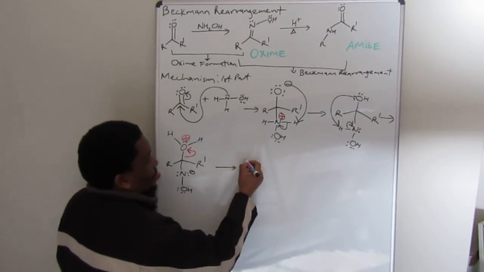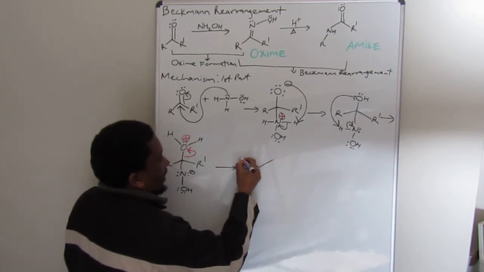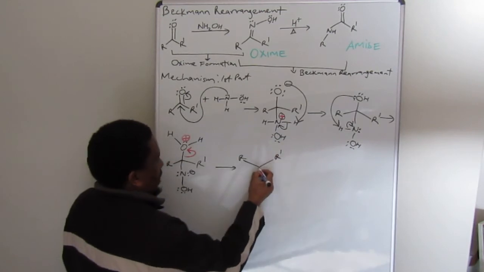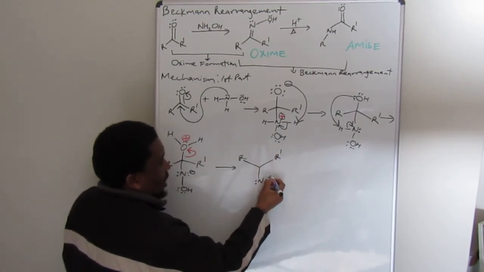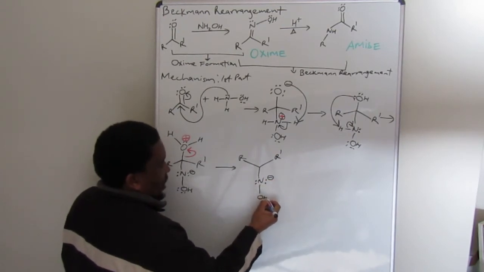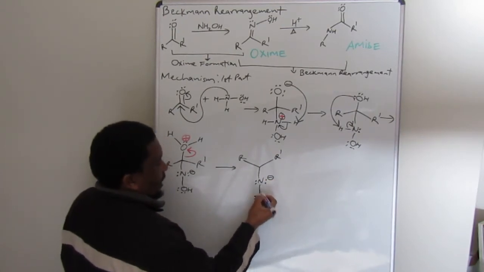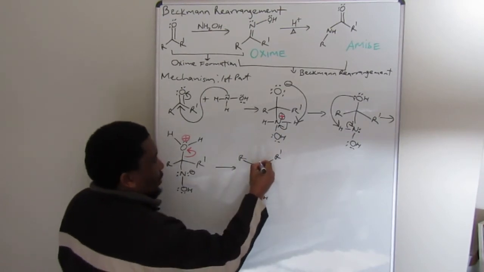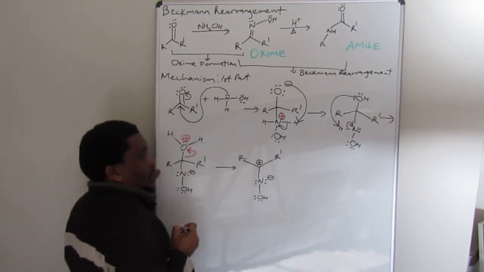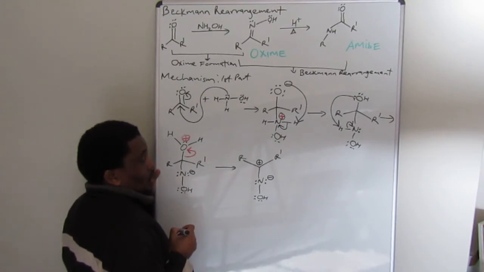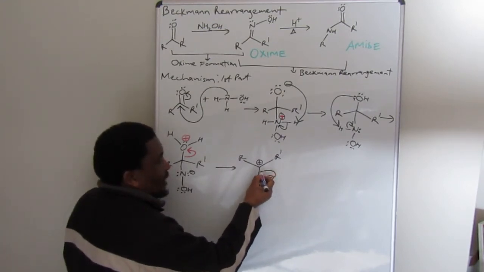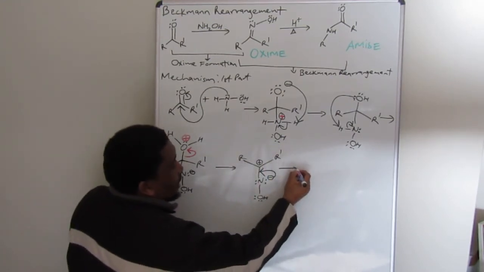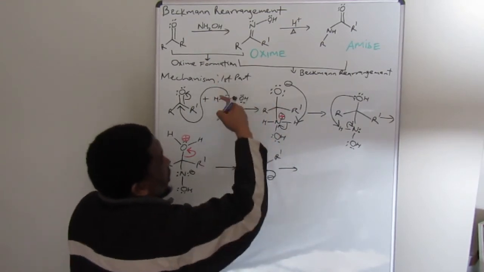What do we generate in this case? We generate this here: there's our R, there's our R prime. This is N with a lone pair, negative, and then this is our OH on that side. There's our positive charge on the nitrogen. Remember, you've got your nitrogen that is negative here, and this then brings in a bond to form our oxime.